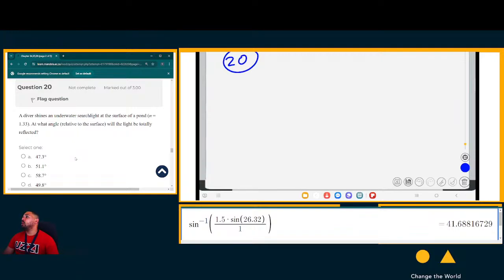Okay, now for total reflection to occur, you must go bigger than the critical angle. So first we will calculate the critical angle. The critical angle occurs when the angle of refraction is equal to 90.